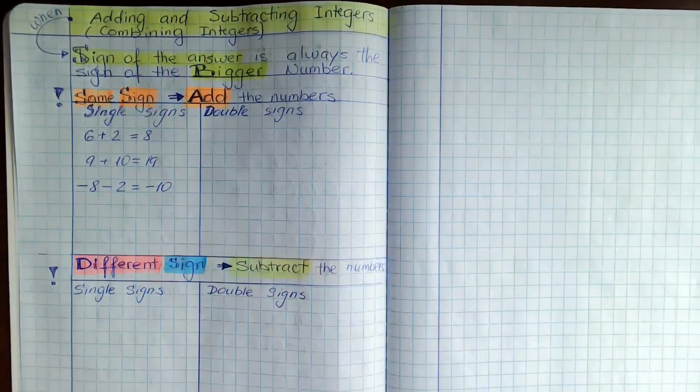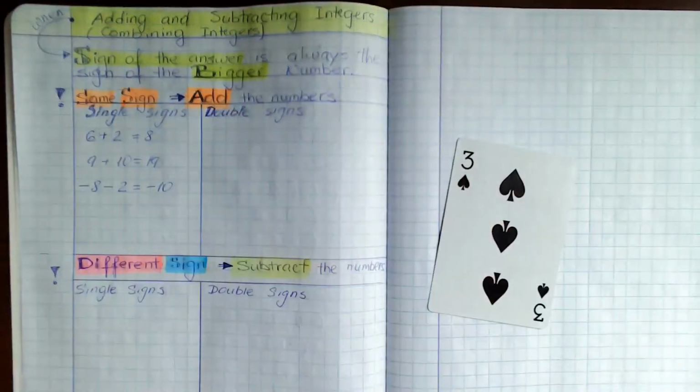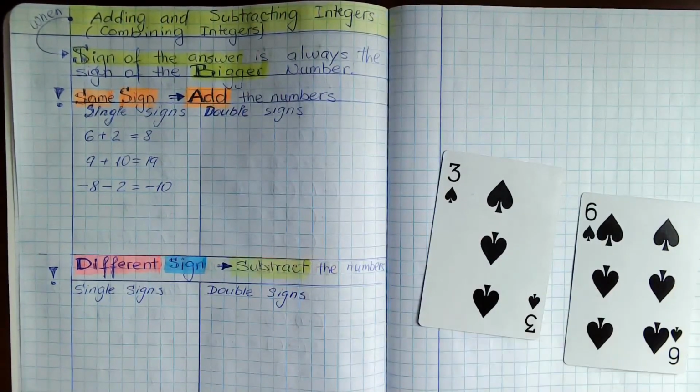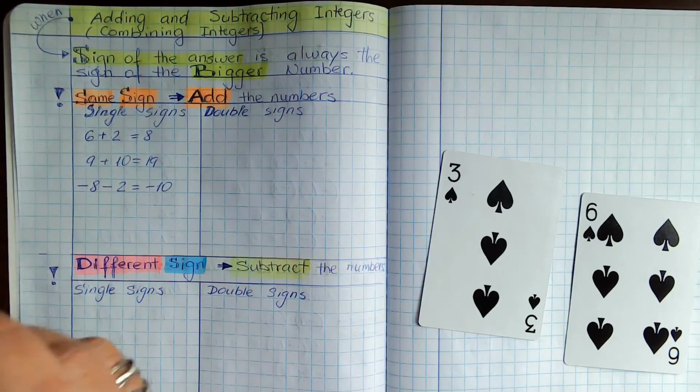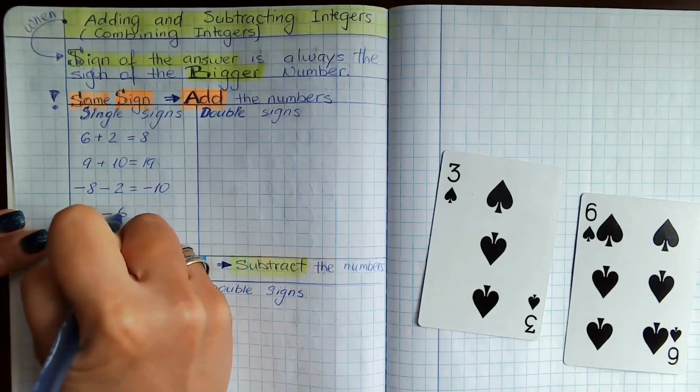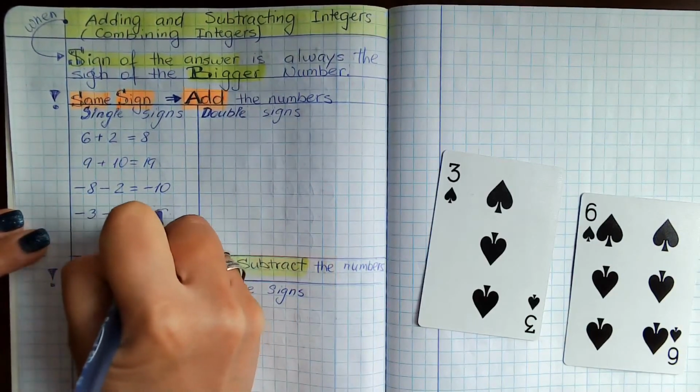Let's see another example. What if I have 3 spades and 6 spades? How many spades is that total? 9 spades. So 9 negatives, 9 dark cards. Negative 3 and negative 6 together is negative 9.